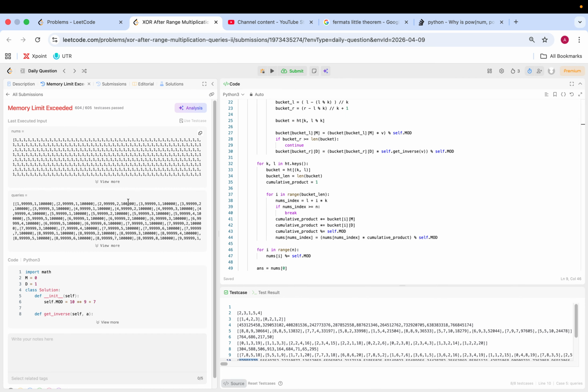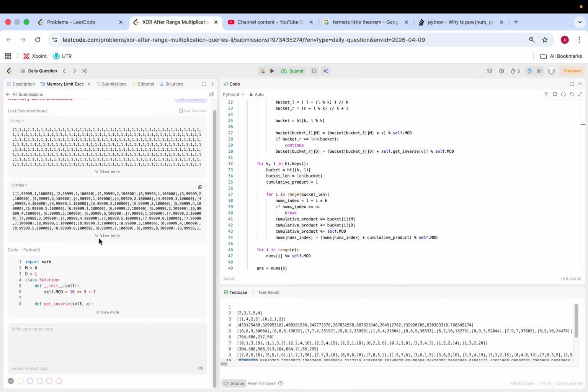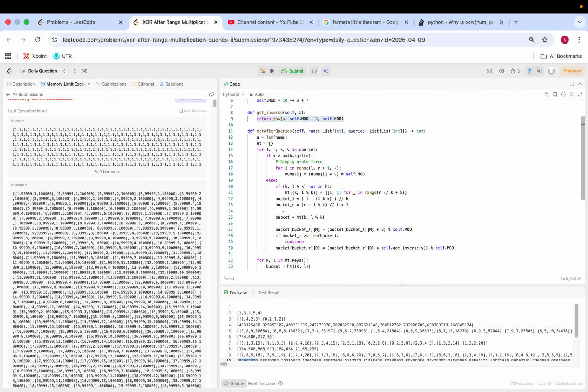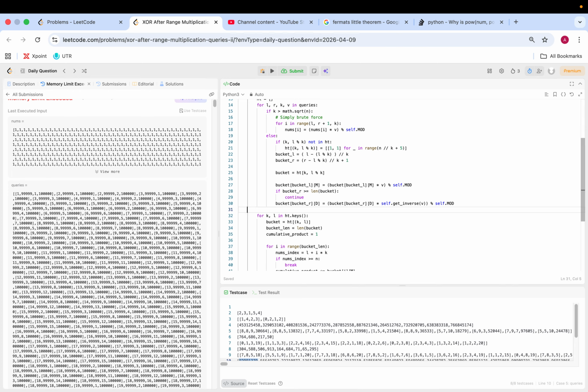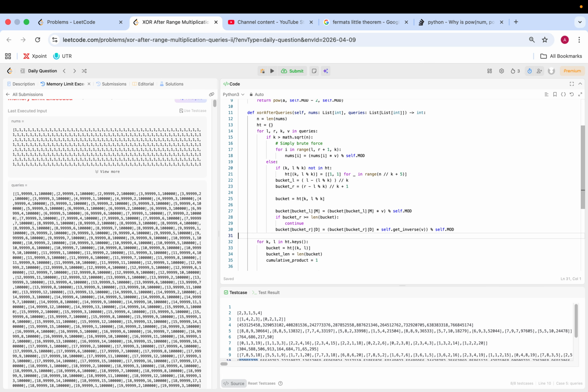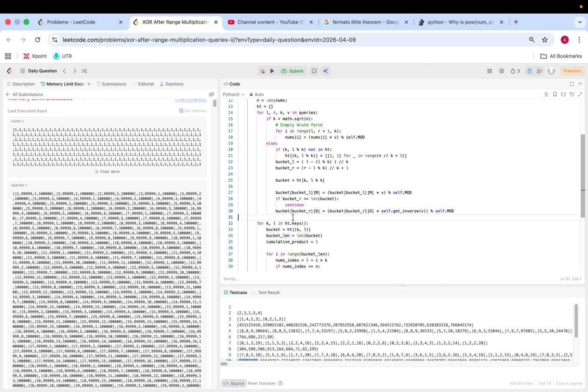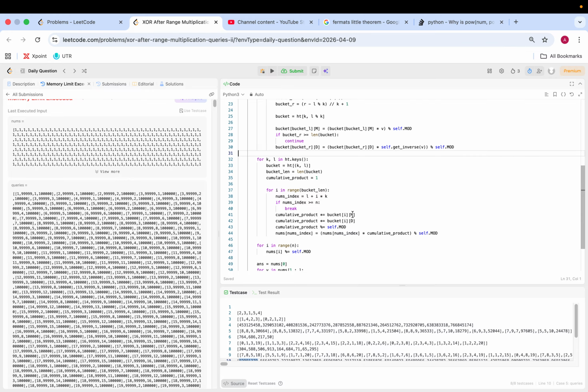There's no way that the actual hash table is crazy, right? Maybe I'm not modding everywhere. Oh no, I mod here at the end. I keep the numbers smallish, kind of.